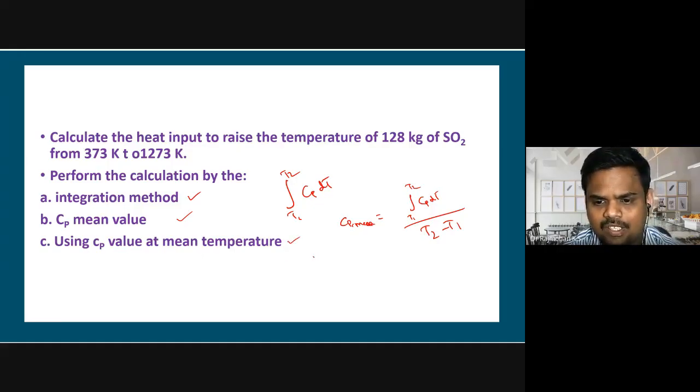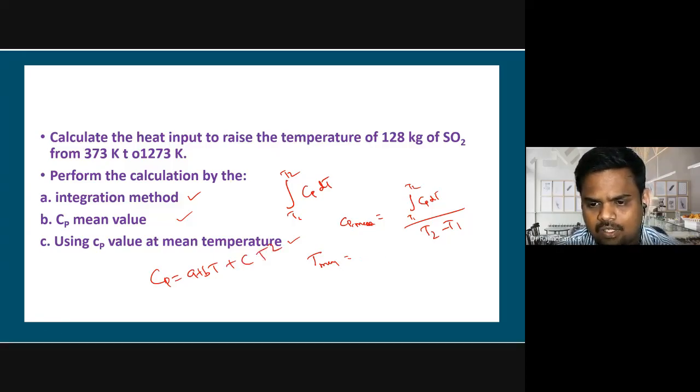We assume Cp is given as A plus BT plus CT square. T mean is equal to T1 plus T2 by 2. For example, if T1 is 100 and T2 is 200, we have 150 as the T mean.